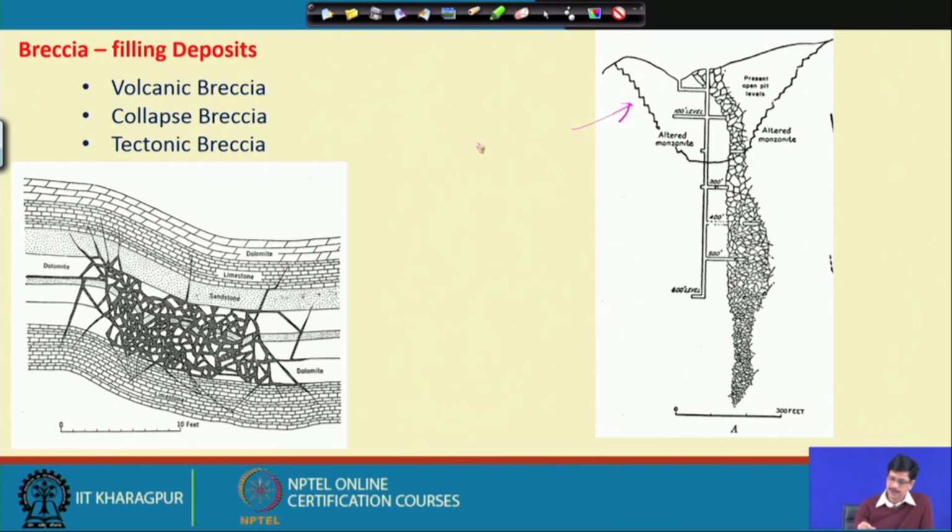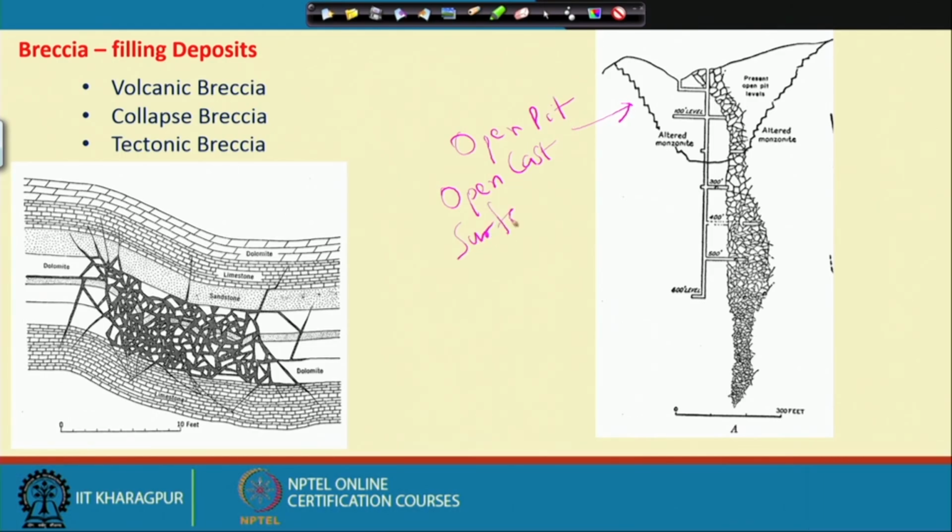It's a kind of open pit or open cast, or you can say surface mining type of method, in which the ore that is occurring within the breccia pipe has been mined.